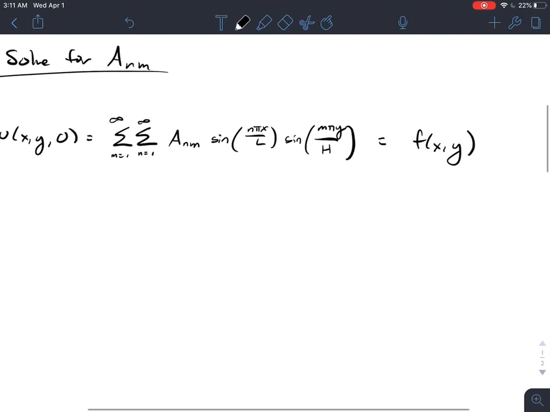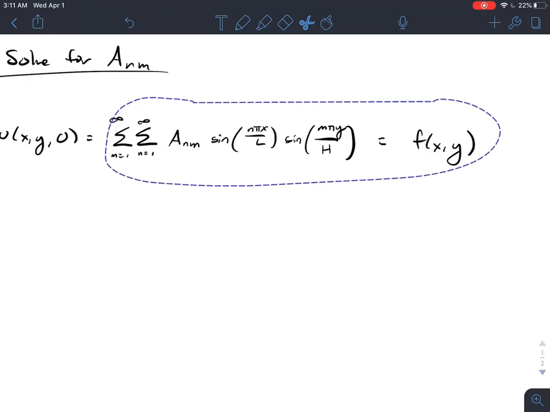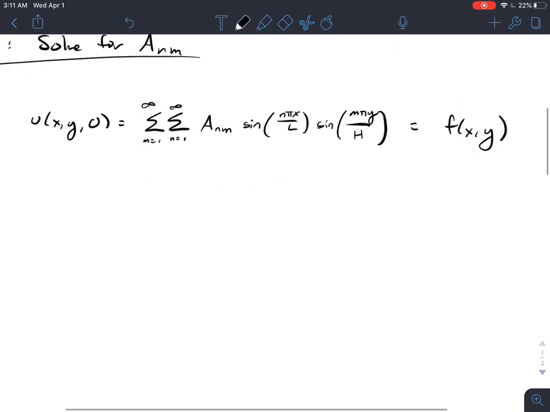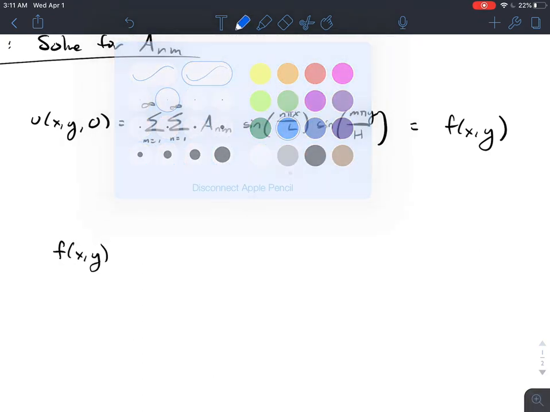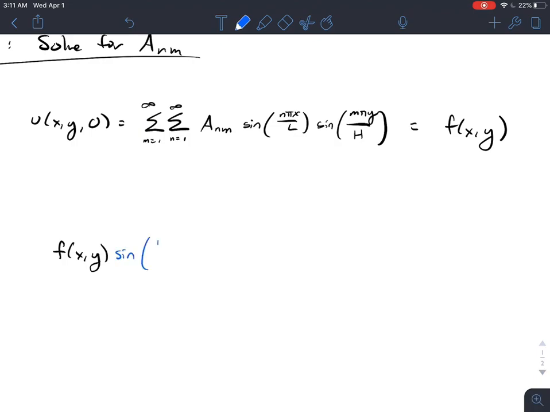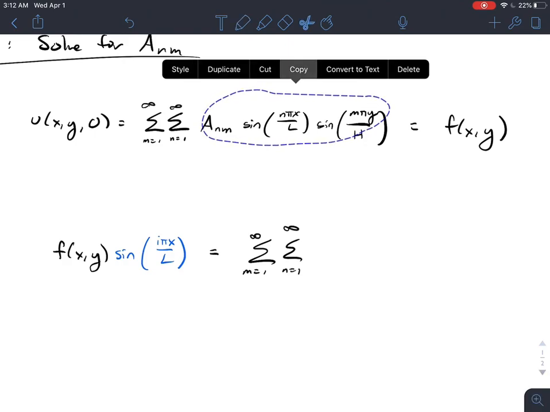So in this, the first step I'm going to do here, I'm going to put my f of x, y on the left hand side. That's usually what I do. F of x, y, and then I'm going to multiply both sides by sine I pi x over L. Then summation m equals 1 to infinity, n equals 1 to infinity, everything else inside.